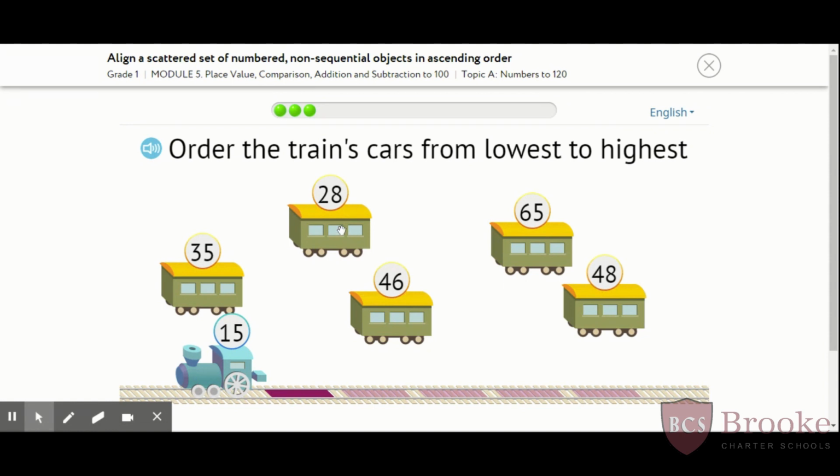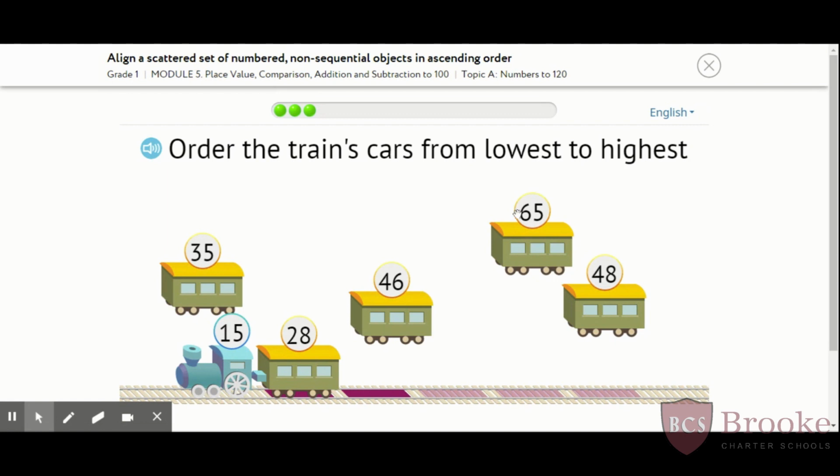That's right. 2 tens would be the smallest number of tens, or the lowest value. Now we're left with, let's check the tens again and see if that'll work again. 3 tens, how many are here? 4 tens. How many are here? 6 tens. And how many are here? 4 tens.